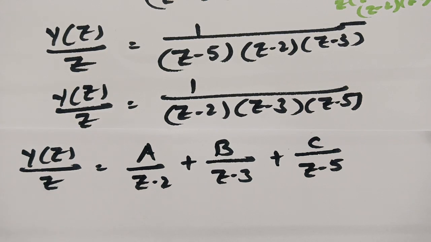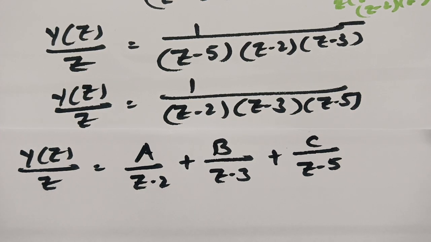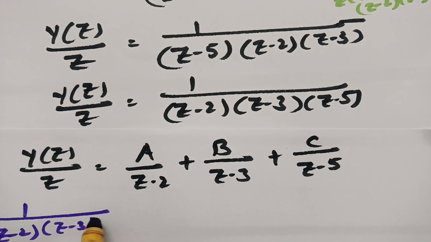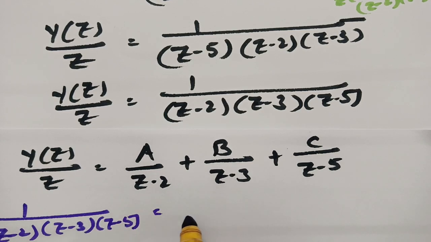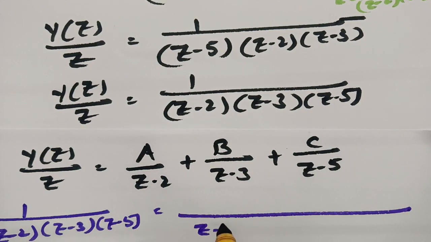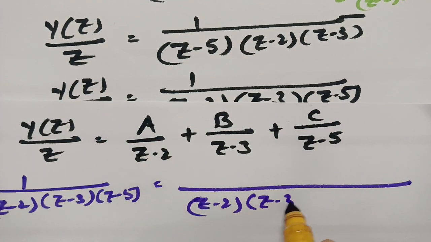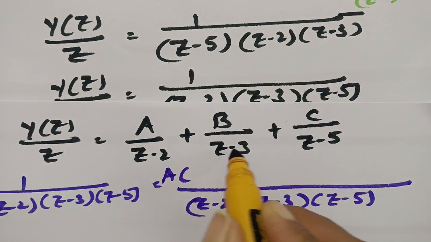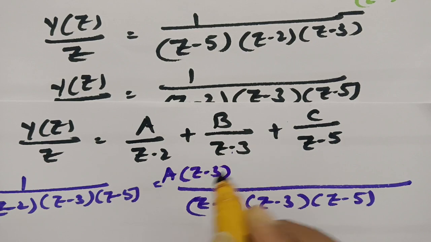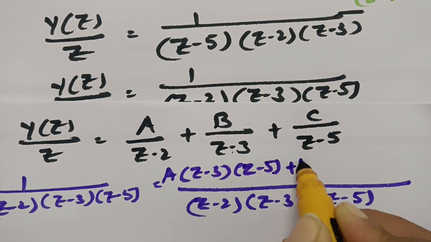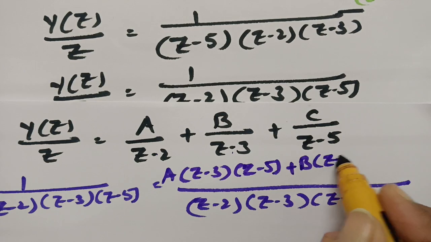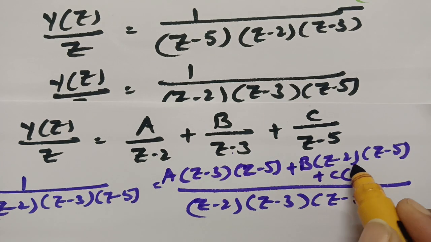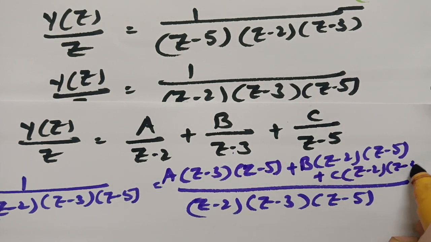Now I need the values of A, B and C. For that, 1/((z minus 2)(z minus 3)(z minus 5)): if I take the LCM, this is equal to A times (z minus 3)(z minus 5) plus B times (z minus 2)(z minus 5) plus C times (z minus 2)(z minus 3), over (z minus 2)(z minus 3)(z minus 5).